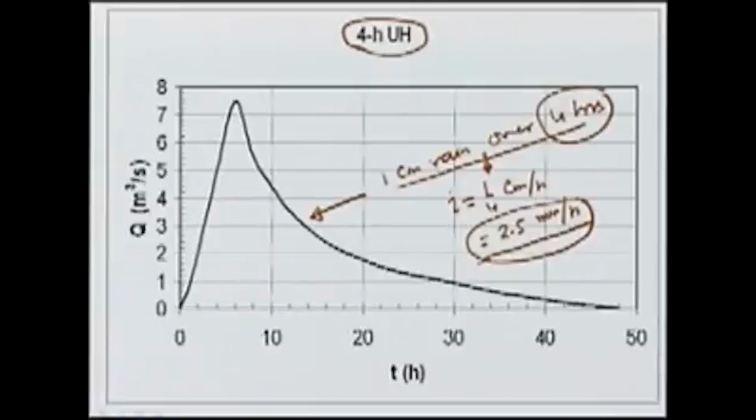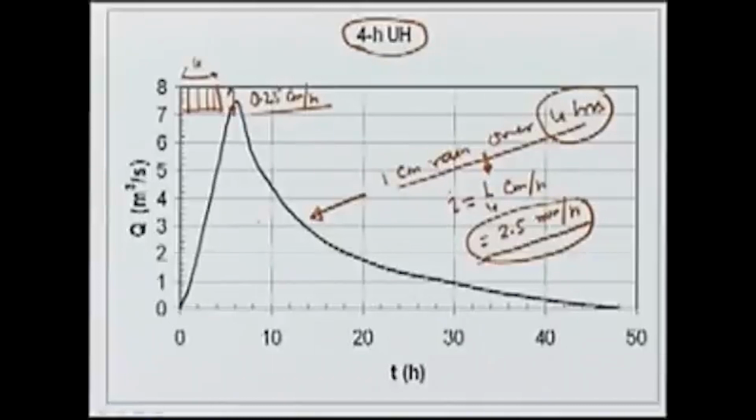So, if we draw the effective rainfall, this is 4-hour duration and this is 0.25 centimeter per hour or 2.5 millimeters per hour.